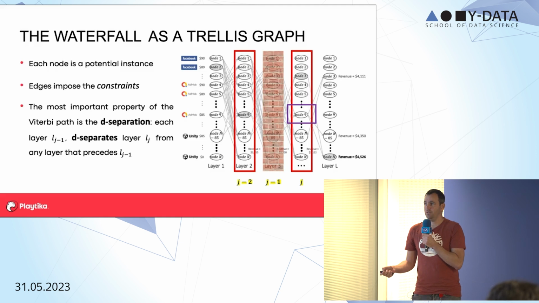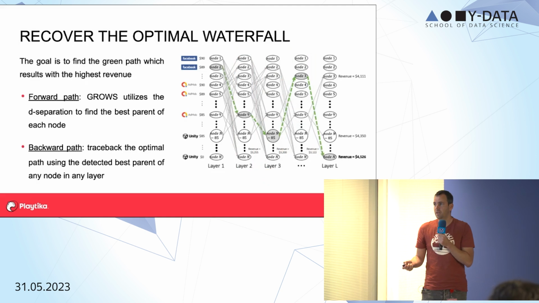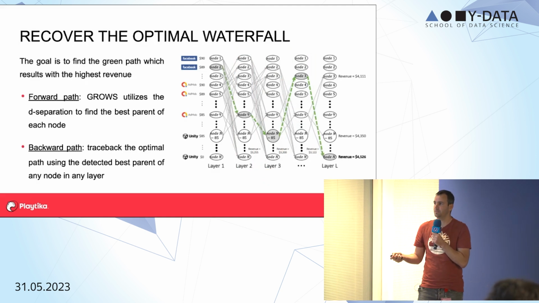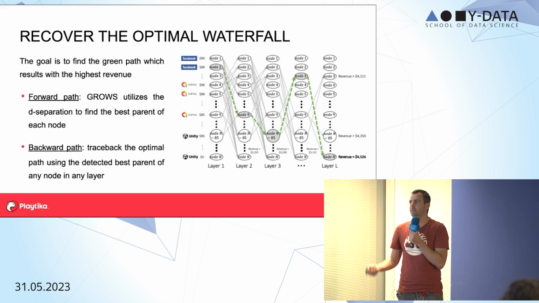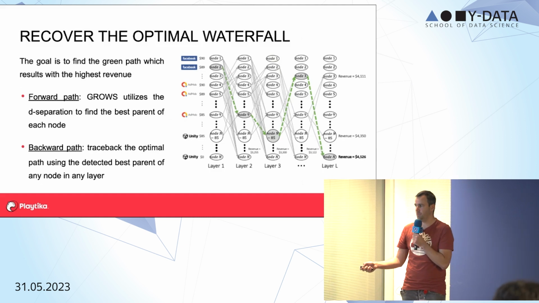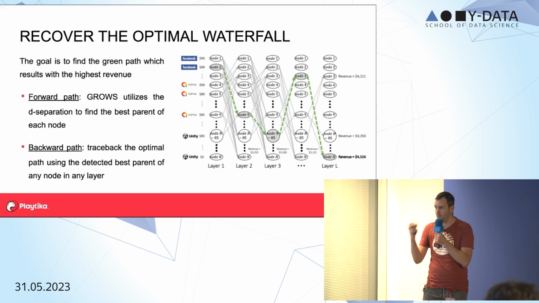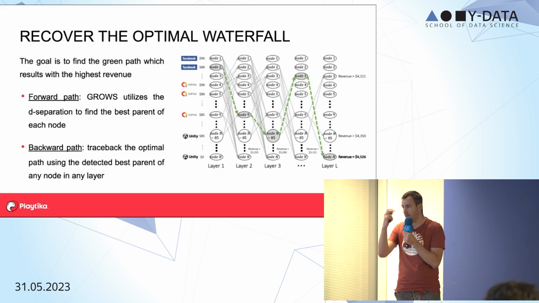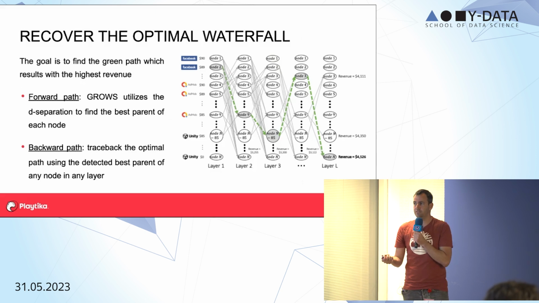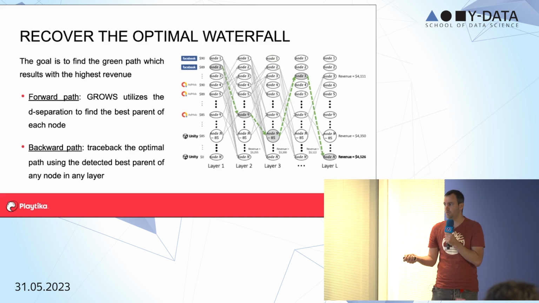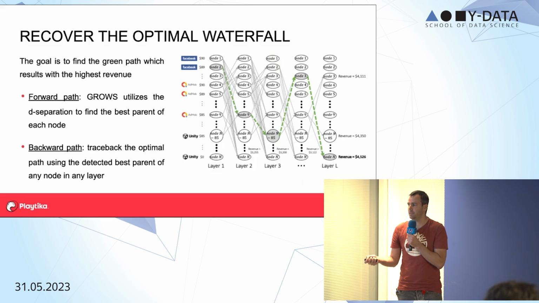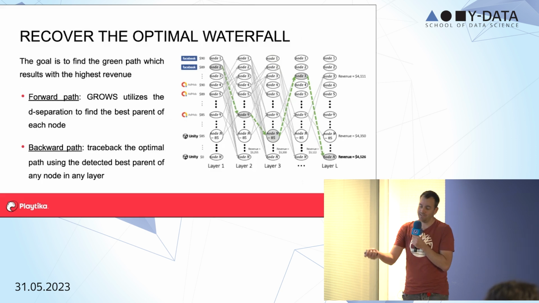The goal of the algorithm is to find the green path, which will be the optimal path, or the path leading to the highest total revenue. We have a forward pass and a backward pass. In the forward pass, the algorithm utilizes the D-separation to find the best parent of each node. We start from the left.